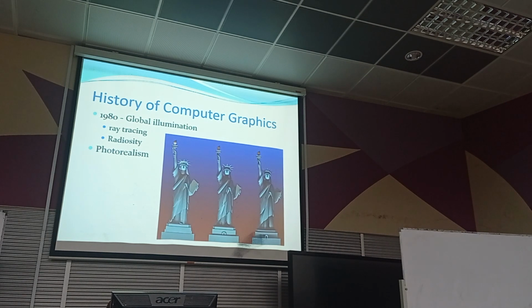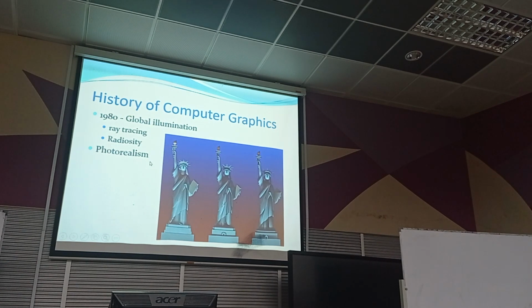This is the era of 1980. Big improvement here when we start to have illumination, where you will know where the light comes from. Ray casting, ray tracing. When you know this shading, you can have this kind of effect to know the directions of the lights.